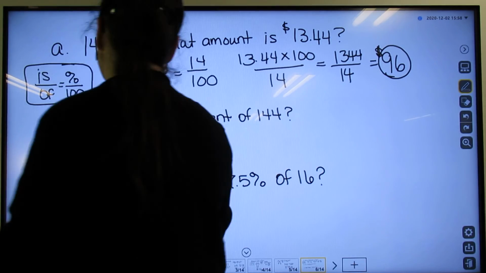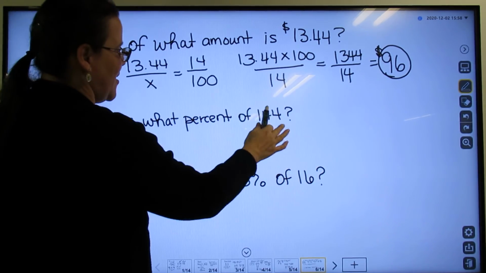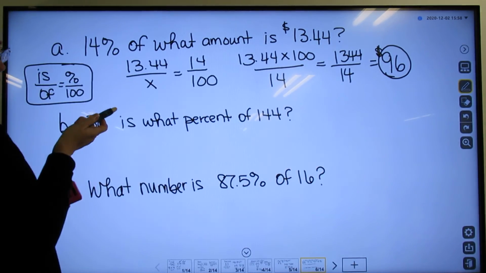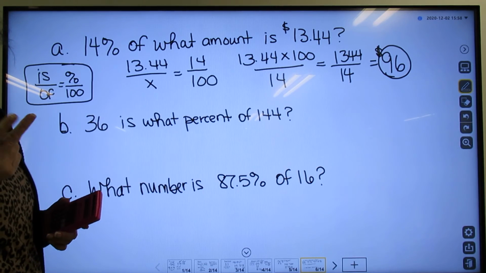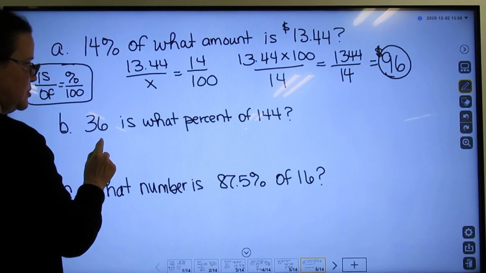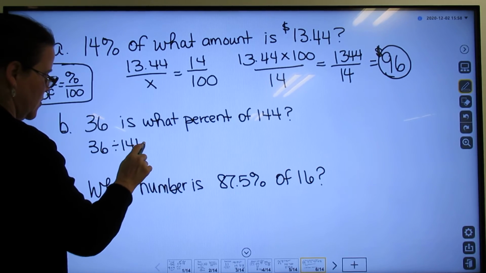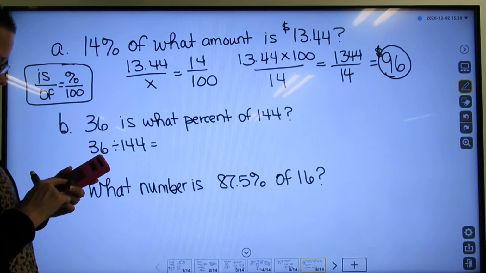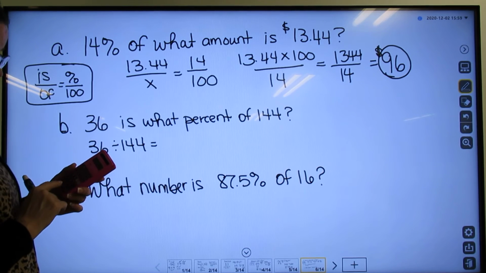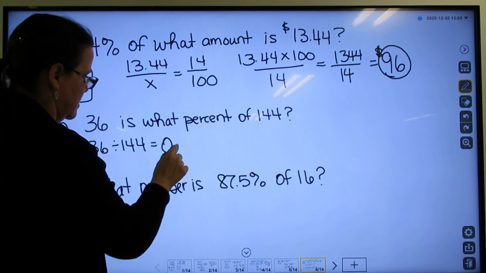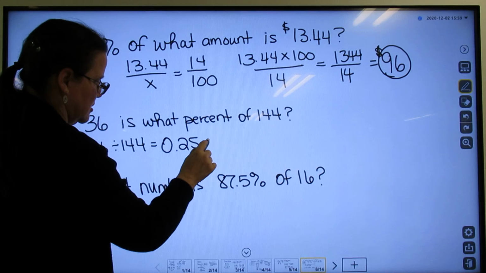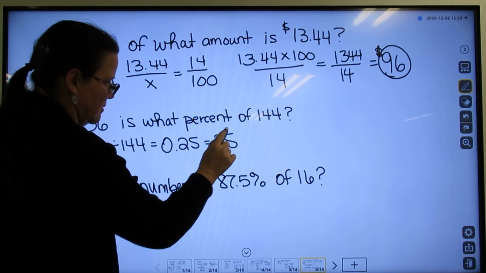Then the next one is 36 is what percent of 144? Now, again, you could do it one of 2 ways. If you wanted to do 36 divided by 144, which I believe is the easiest, then you just convert that to 25%, right?